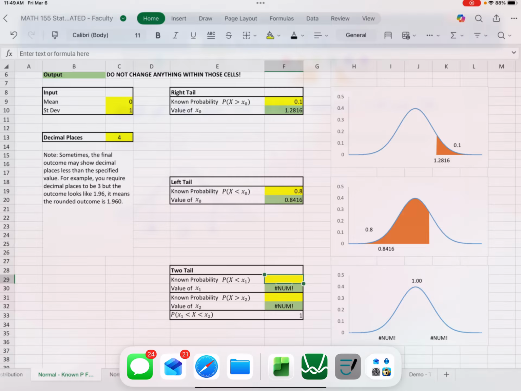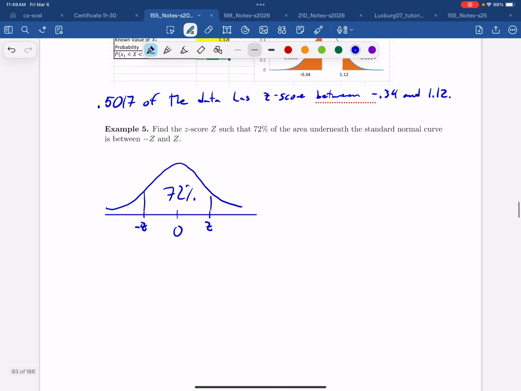Let me actually go back to the picture one more second. Just to point out, that means that this right here is going to be what? This right here is going to be 100% minus 72%, which equals 28%. Which means because the curve is symmetric, there's going to be 14% here, 14% there.